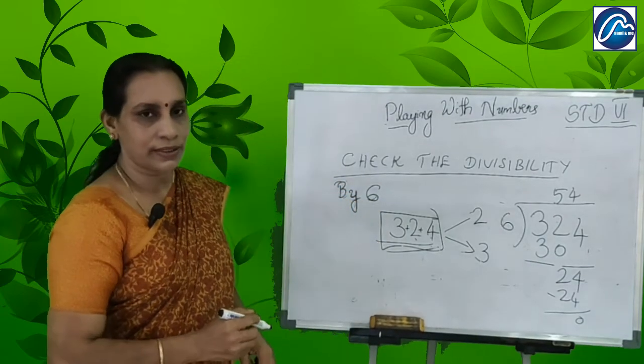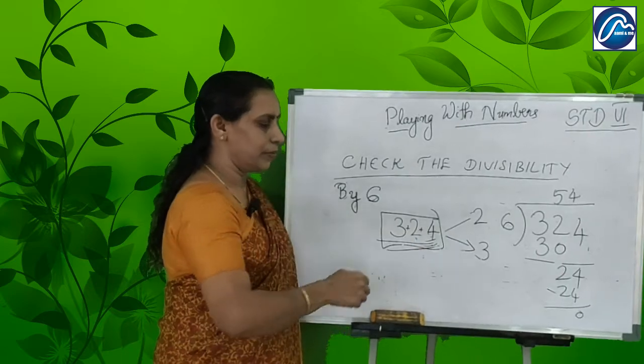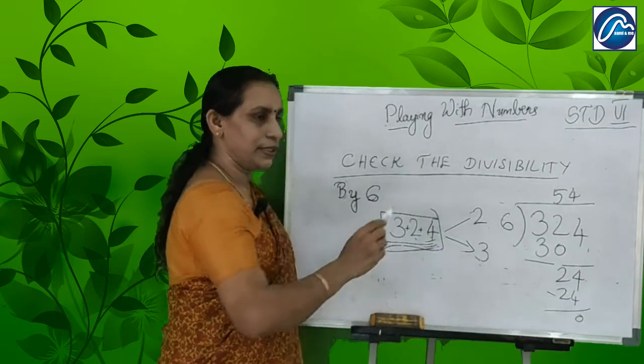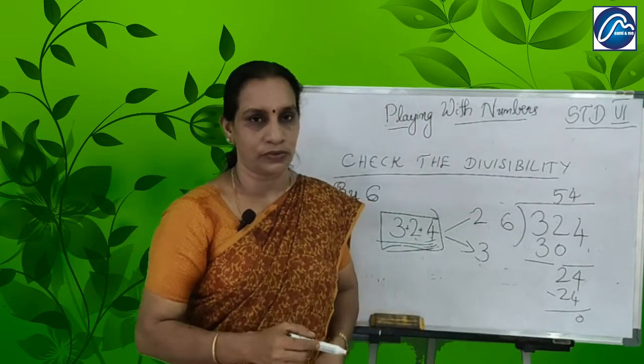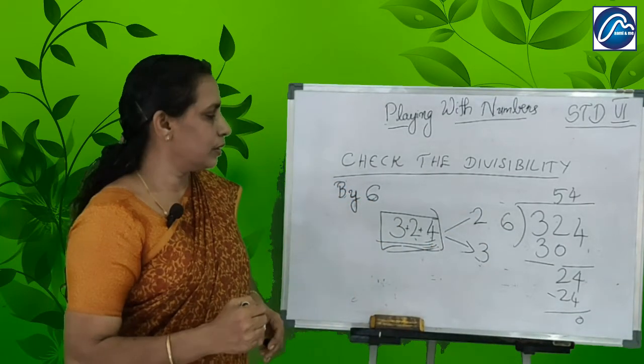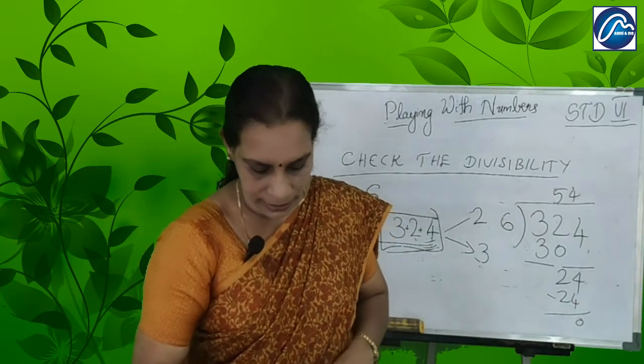How will you check divisibility by 6? If it is an even number and if it is divisible by 3, then the number can be divided by 6 also. Okay? That is all for divisibility check by 6. Next is 8.